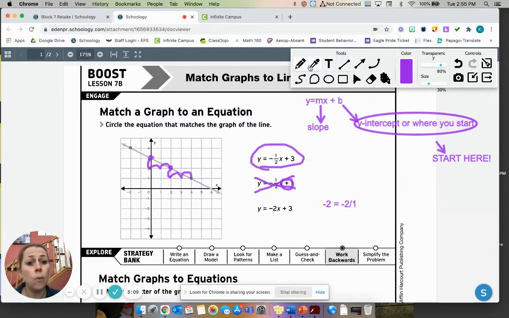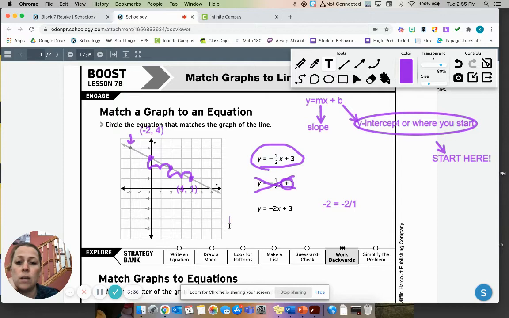Another way you can solve for this is the change in y over the change in x. Here I have a point up here, and my ordered pair for that point is negative 2, 4. And I have a point way down here that I covered up in purple, of course. And that point is 4, 1. Now, when I do my change in y, remember the y value comes second.